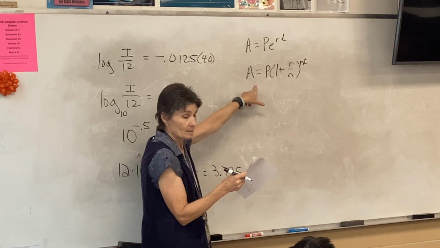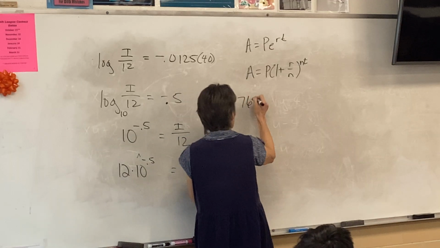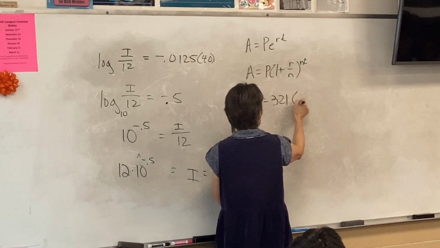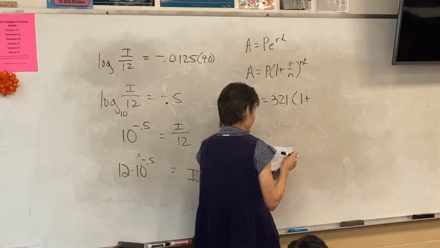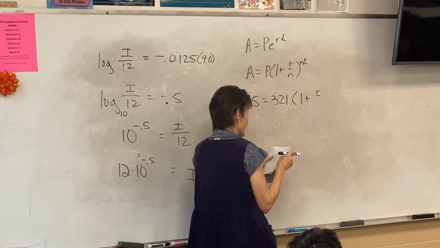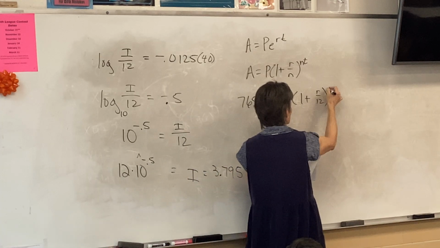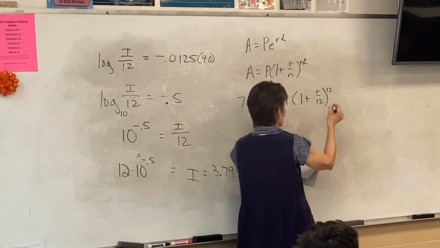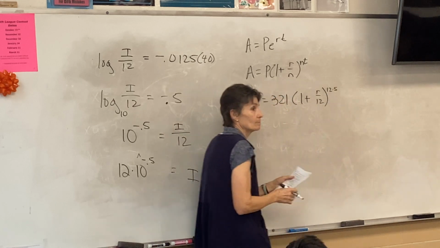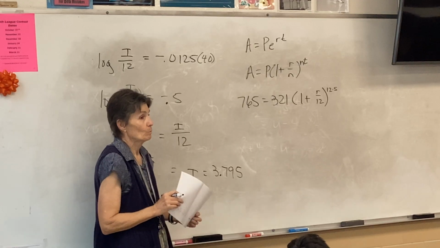Right there. So we want to end up with 765 if we start with 321. I don't know my interest rate, but I know I'm compounded monthly, and I'm doing it for 5 years. Would you agree with that?